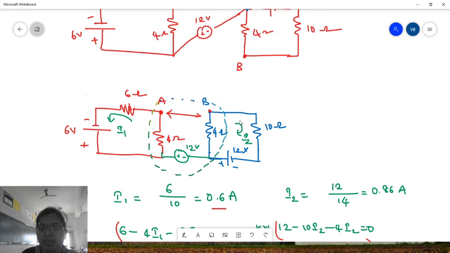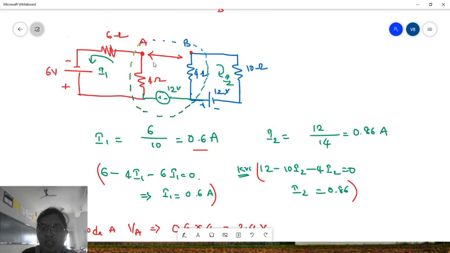Here I calculated the loop currents in the first loop as well as the second loop, that is total current in loop 1, I1, and total current in loop 2, I2. After that, we need to calculate the voltage drop across A and B. So first we have to know the voltage drop across the 4 ohm resistor, that is total current into resistance, and here also total current into resistance.